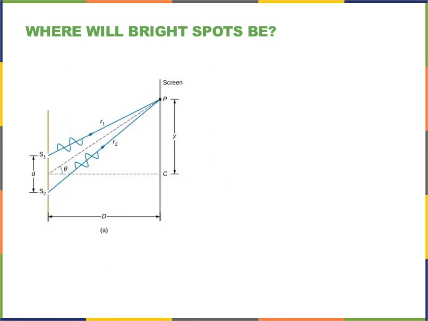Another thing that we sometimes like to find is the vertical distance: where will I see a bright spot or a dark spot? We start off with the idea that d sine theta is equal to m times the wavelength. This is for a bright spot, because that's the condition for constructive interference.